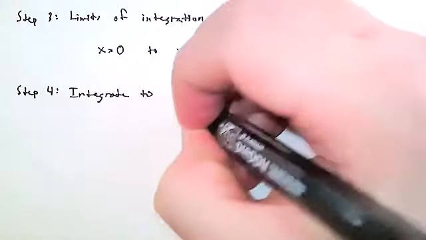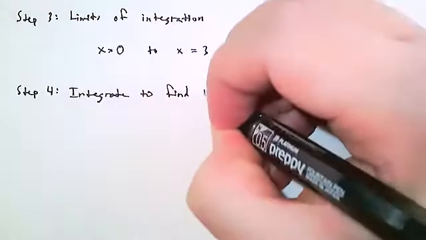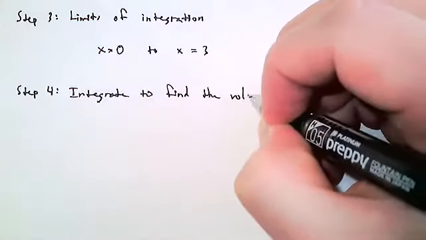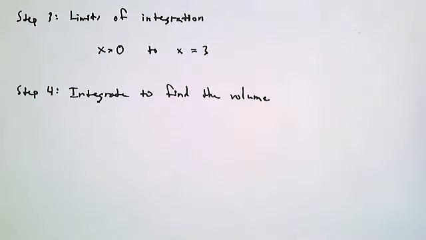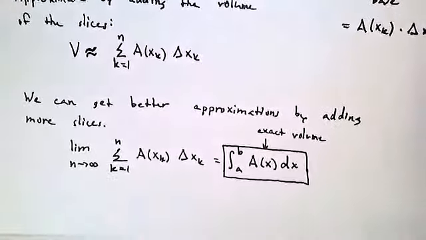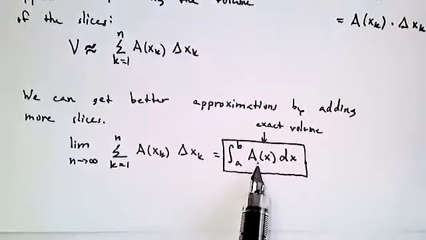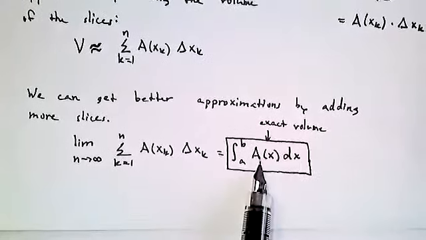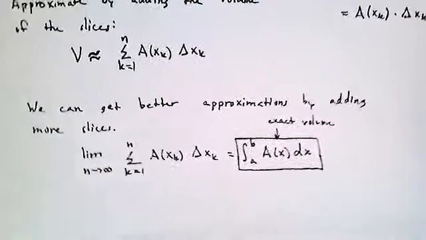And then step 4 is to put all of our information together. We need to actually integrate to find the volume. So here's our integral formula from before. We're going to integrate our area function for our cross sections using our limits.